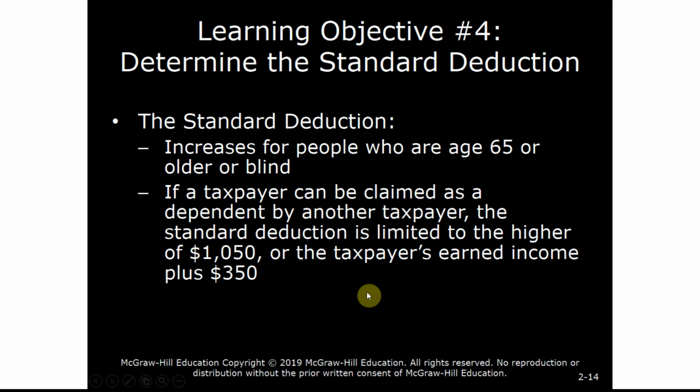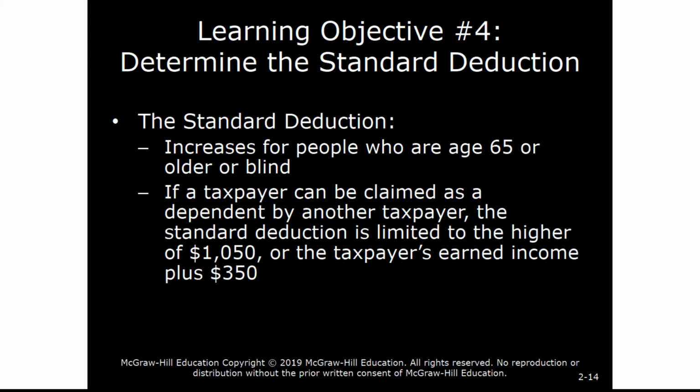So if a taxpayer can be claimed as a dependent by another taxpayer, then the standard deduction is limited to either $1,050 or the taxpayer's earned income plus $350, and that would be the higher of those two. The reason they have this provision is so that if a person has a child who is a dependent, they may earn, for example, a small amount of money working a part-time job, or they'd only get a refund if they filed.